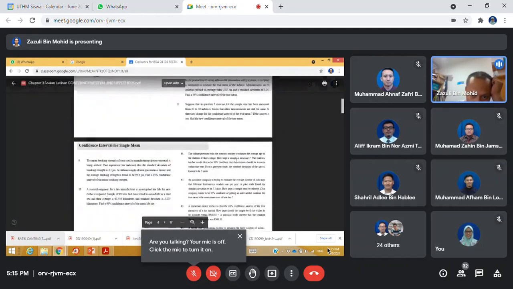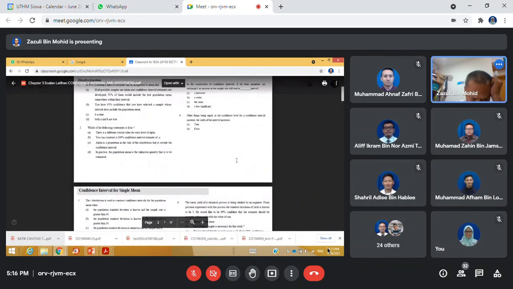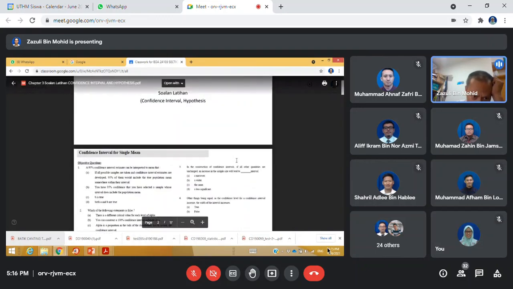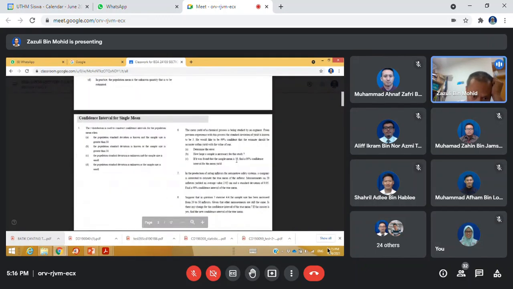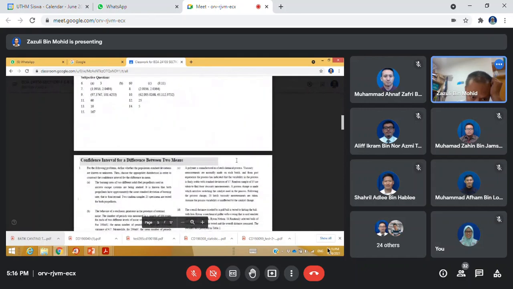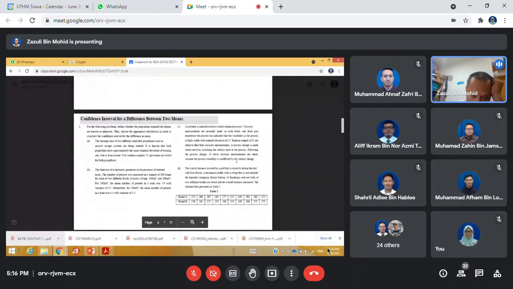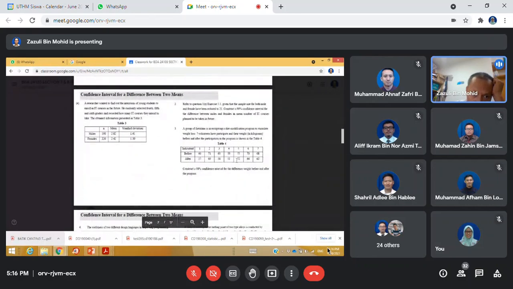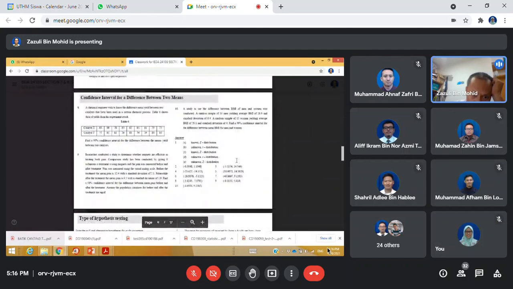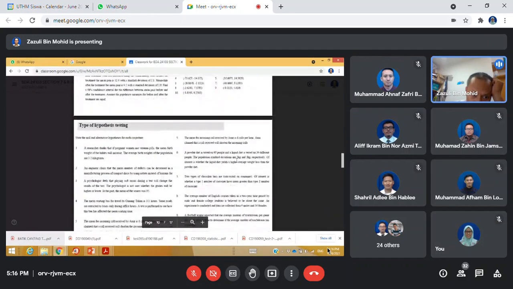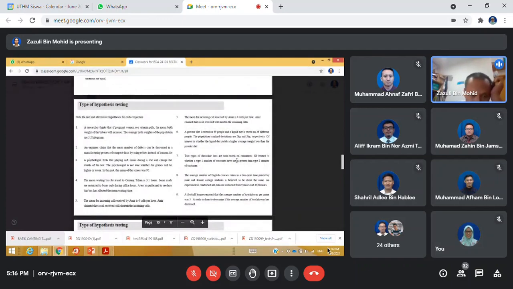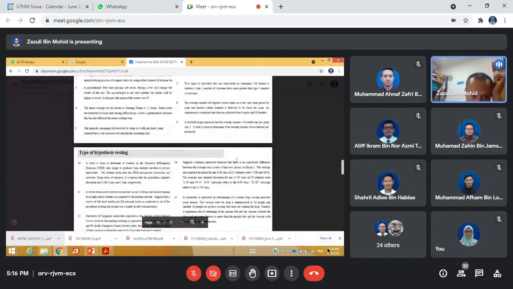You have some questions for the confidence interval for a single mean, and also the confidence interval between two means, and also you have hypothesis testing.